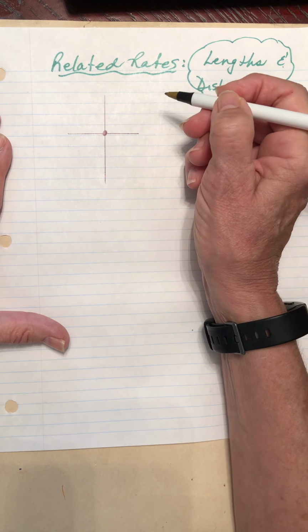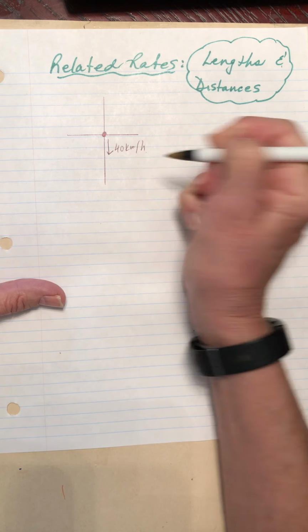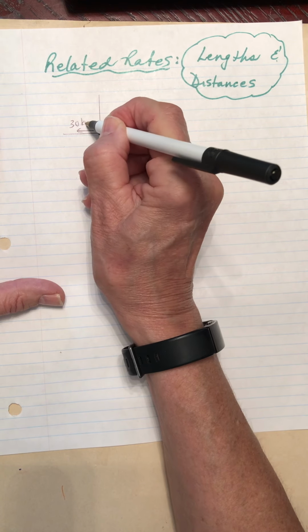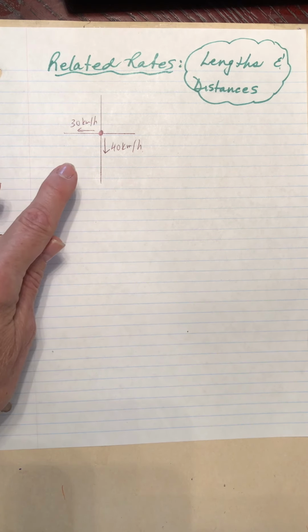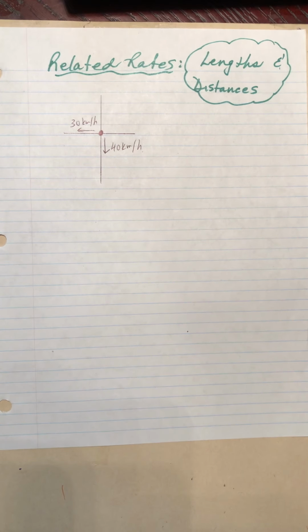One's going to be going south, and it's going to be going 40 kilometers per hour. And another one's going to be heading west, and it's going 30 kilometers per hour. Now, an optimization question would say, when are they going to be closest? Right then. They're never going to be closer than right when they're docked next to each other.